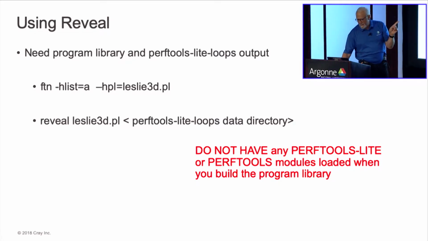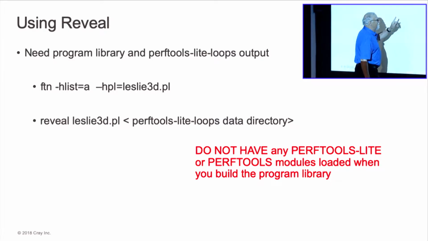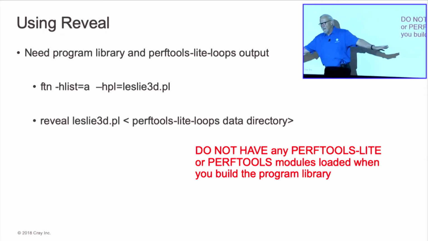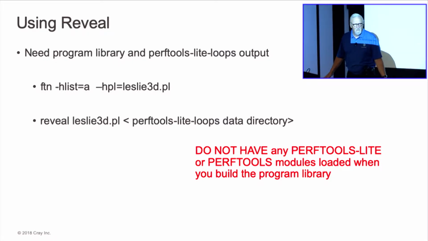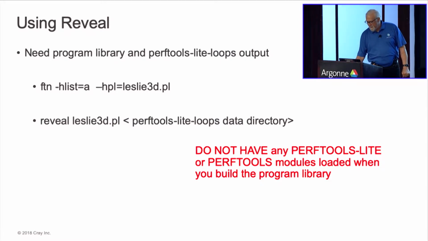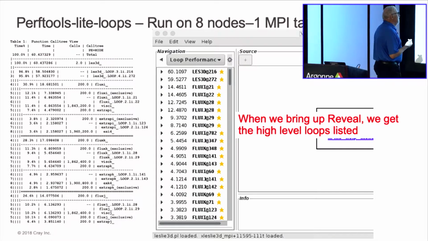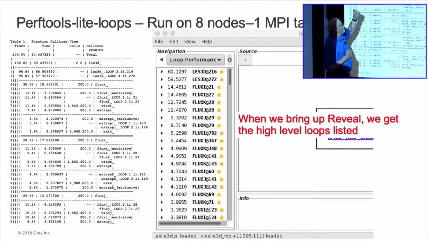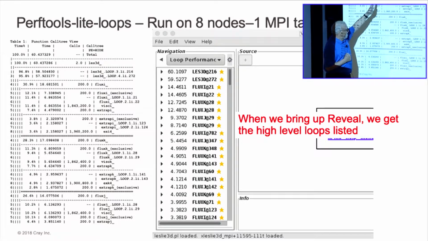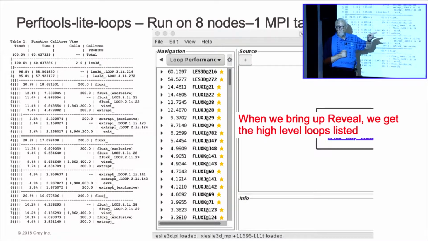So you need that. Now, very important, when you build this library, you don't want any of the Perftools stuff loaded. All right, you just unload that. And then what happens is you give Perftools the library and the statistics directory that has this call tree.